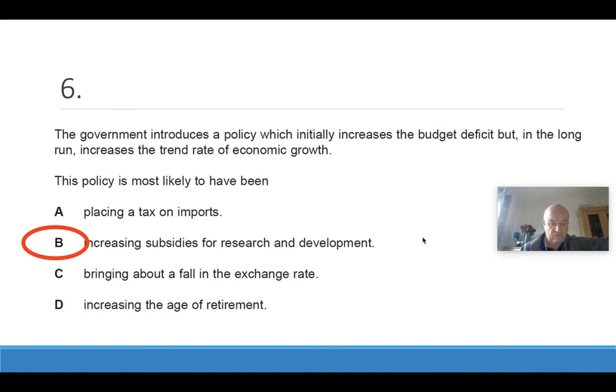Okay, so clearly that is a long run thing, and in the long run, if we increase the subsidies for research and development, that hopefully is going to increase the level of research and development, and that in the long run should improve our international competitiveness, and that should then help to achieve some more balance as far as two things really. One, obviously increasing the trend of economic growth, because if we've got better products and services being provided, that should help us to achieve that overall objective.